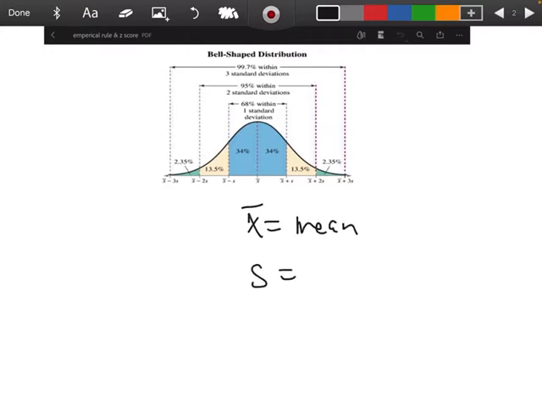And the S is going to be my standard deviation, okay? So I want you to notice that this first number is X bar, the mean, plus 1 standard deviation, and the one here is X bar minus 1 standard deviation, okay?